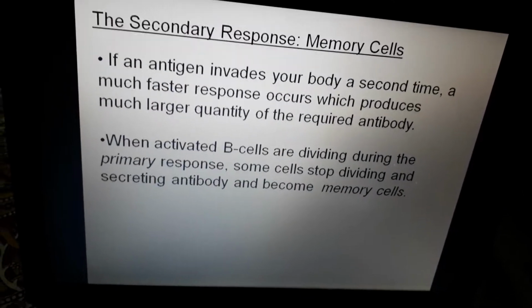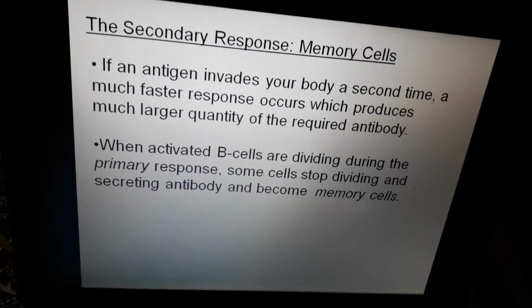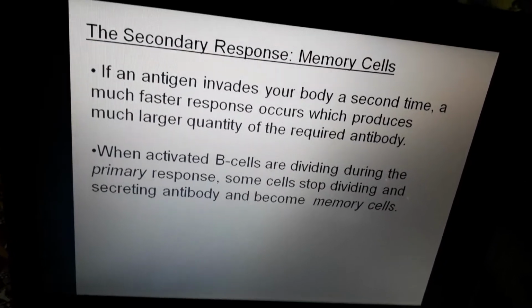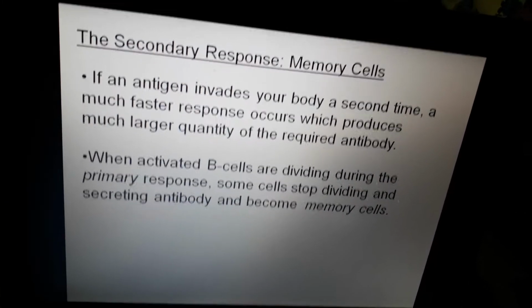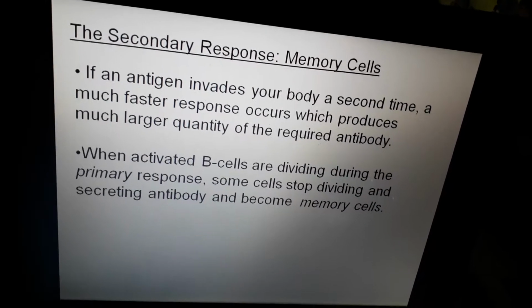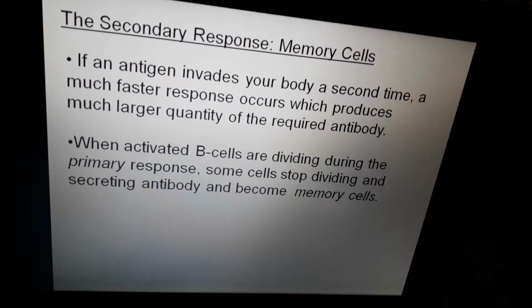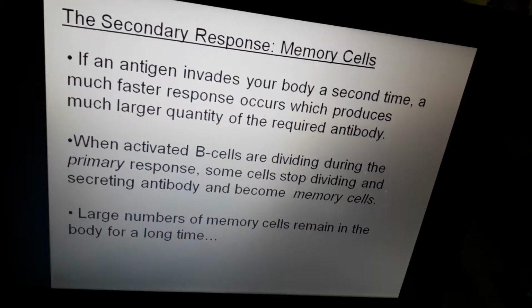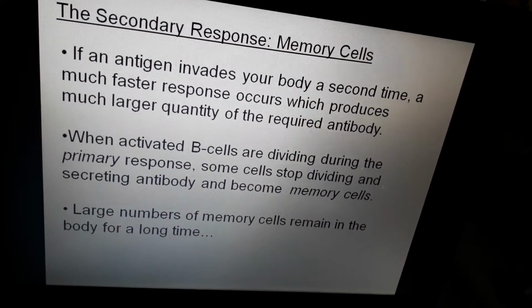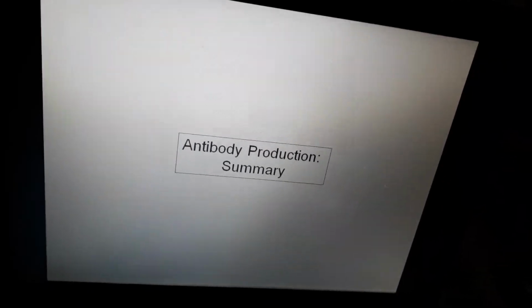So when this antigen invades our body a second time, the memory cells give rise to a quick, fast response in production of antibodies against that antigen. A large number of memory cells remain in our body for a long time.